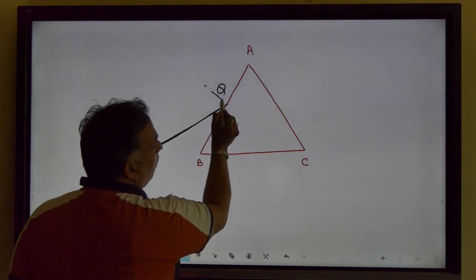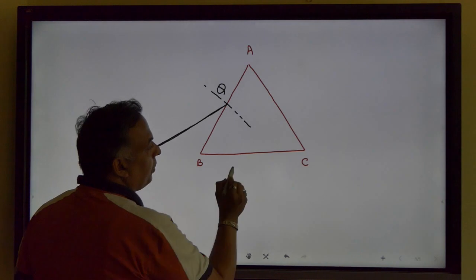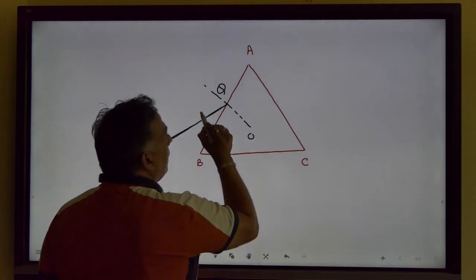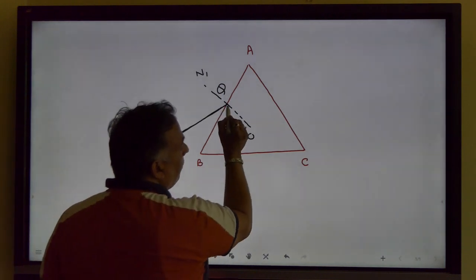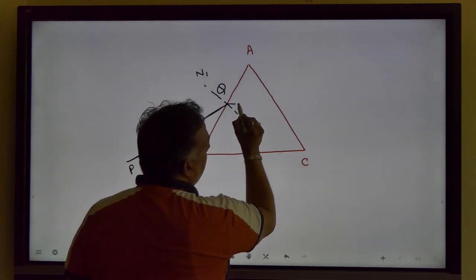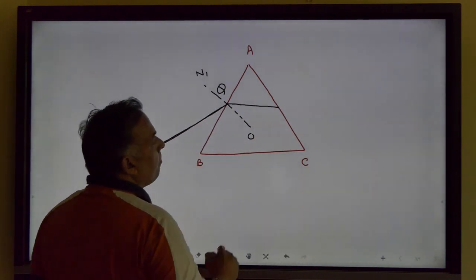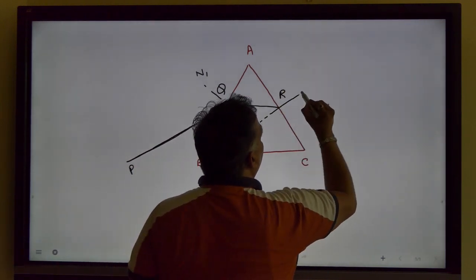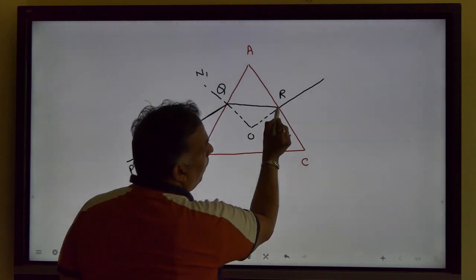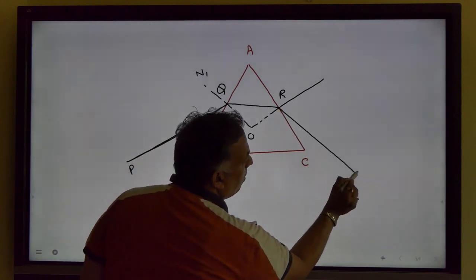And if I denote the normal to it, this is point O, this N1O is a normal. After this refraction, it will move in this direction, that's QR. We draw the second normal, and now it will bend away from the normal.